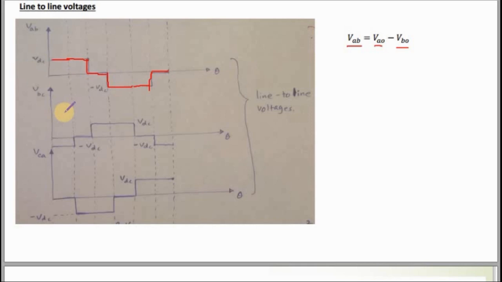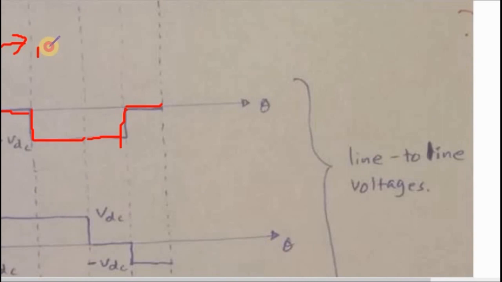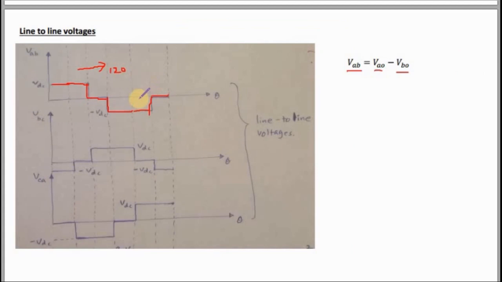Or you can shift this one by 120 degrees to the right, and you can simply take VBC as well, because this is a balanced supply. Then you again shift this one by 120 and you can derive this waveform too.